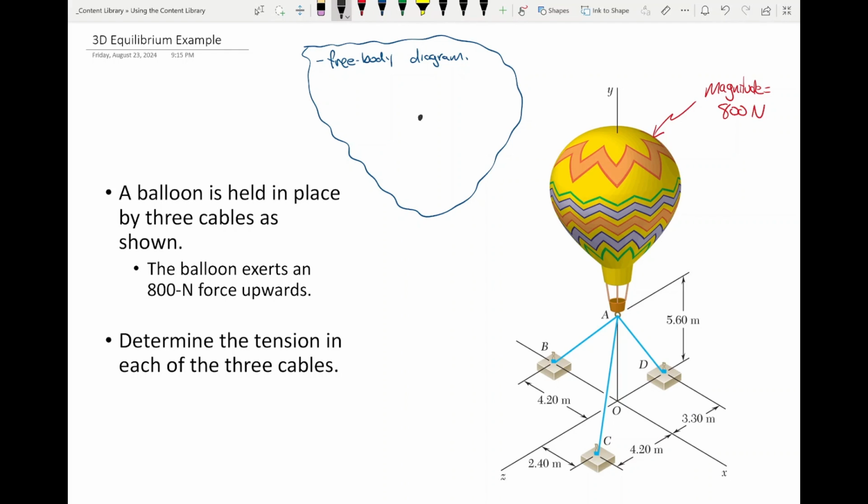We just have point A. We have an upward force, which I'll call FB for the balloon. And then we're going to have 3 unknowns.